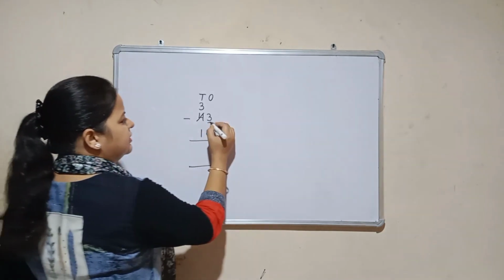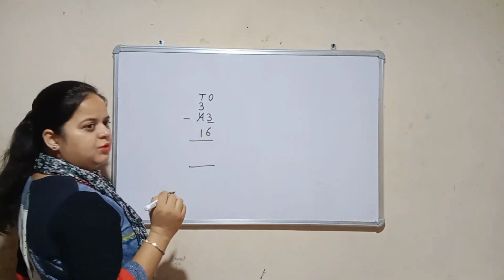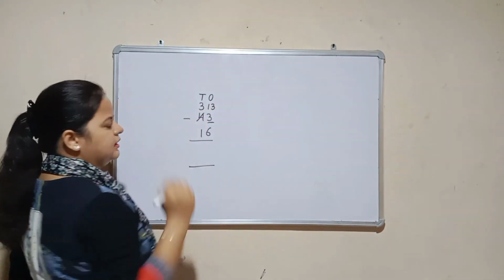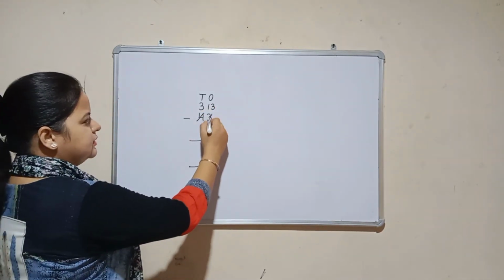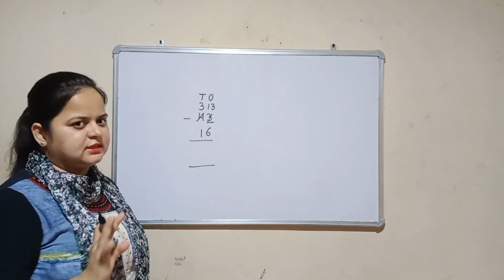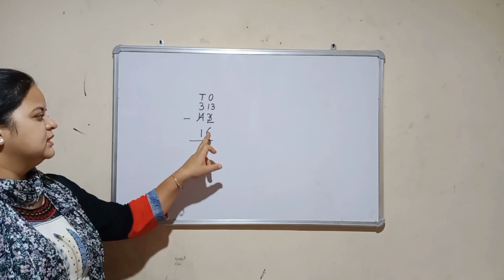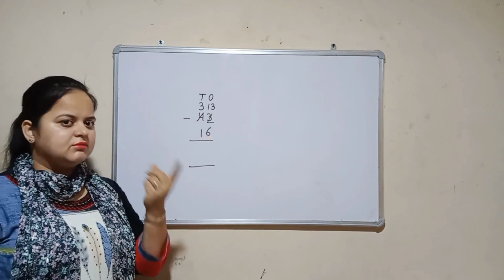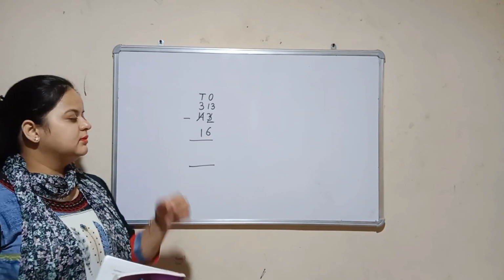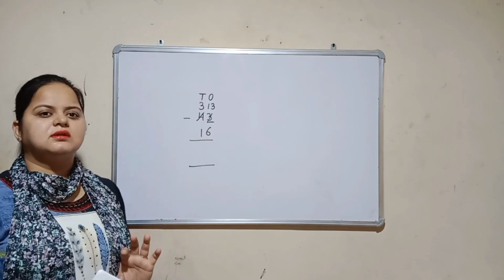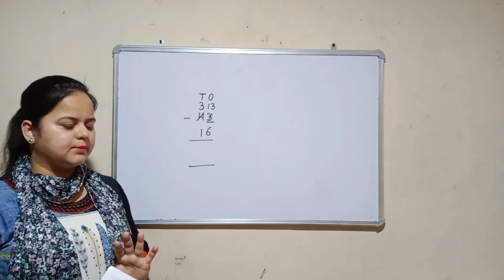And if 3 takes one borrow from 4 tens, then now it is 13. So 13 minus 6. It is easy now. How will we do the subtraction?